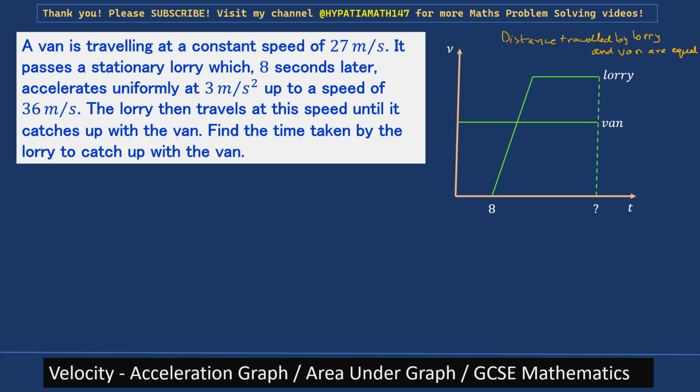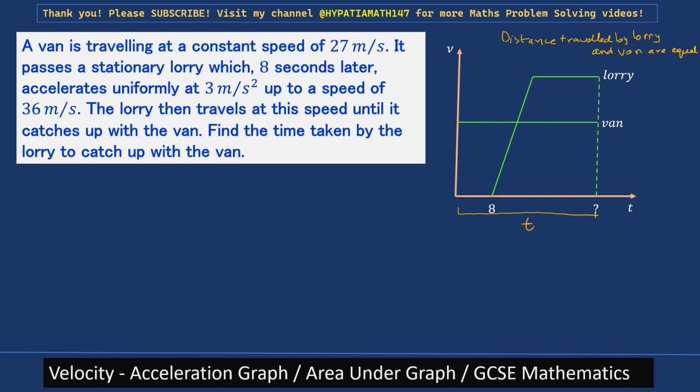So if the distance is equal, then we can form an equation and find out the time t. So let us assume that the time for the entire length of the journey, for the van, is t.